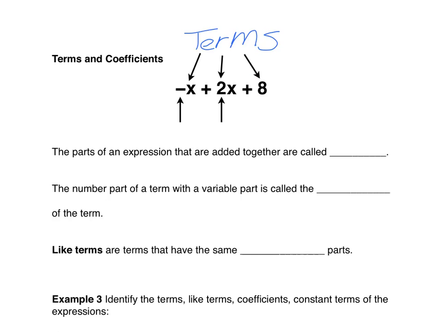Down below we have the arrow pointing to the negative sign and to the 2, and it's referring to what's in front of the variable there, and everything that's in front of a variable is called a coefficient. Okay, and then we also have this 8 out here that doesn't have a variable. Any number in an expression without a variable is simply called a constant.